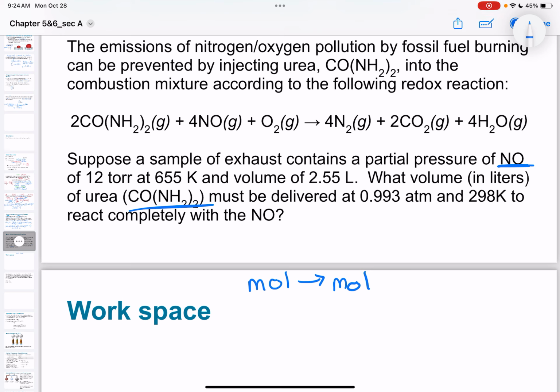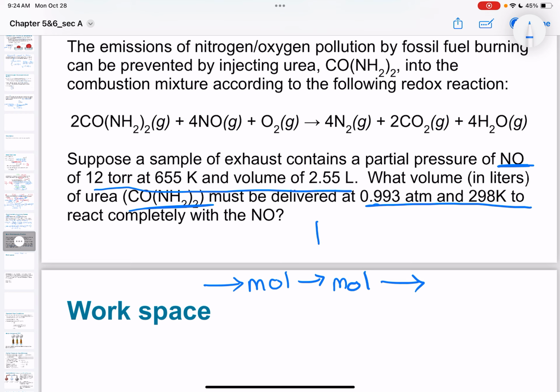So now we have to figure out what's going to be on the beginning side and what's going to be on the end side. If you look at it, you're given a pressure, temperature, and volume for the first compound, and then you're also given a pressure and temperature for the second.